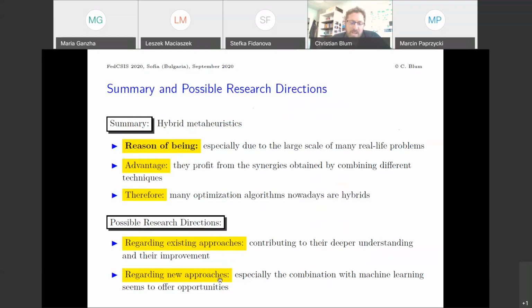Every year you see many more than the year before. So this is an especially promising area, but you can also work on existing approaches, contributing to a deep understanding or improving these approaches.